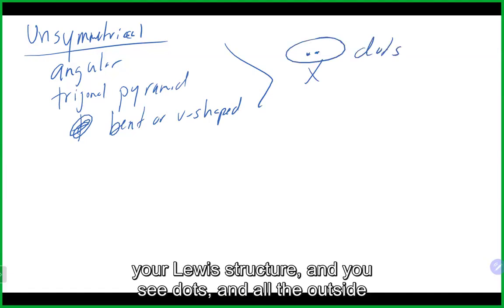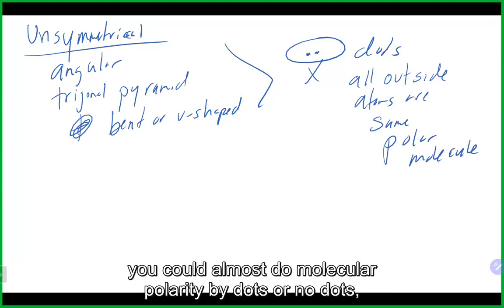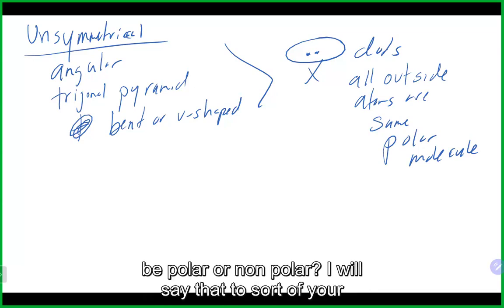So if you draw your Lewis structure and you see dots, and all the outside atoms are the same, it's probably going to be a polar molecule. So you could almost do molecular polarity by dots or no dots and determine whether it's going to be polar or nonpolar.